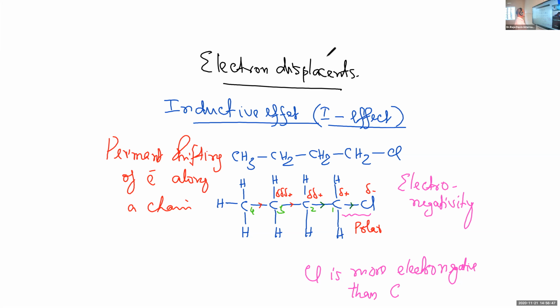So there is a permanent shifting of sigma electrons along a chain formed by the various atoms, in one direction only. That is called inductive effect or I effect. So what is inductive effect?